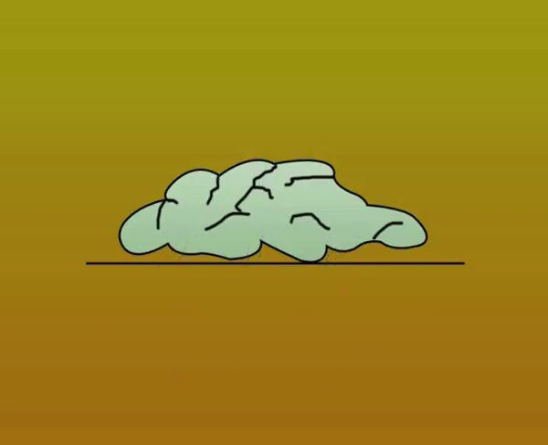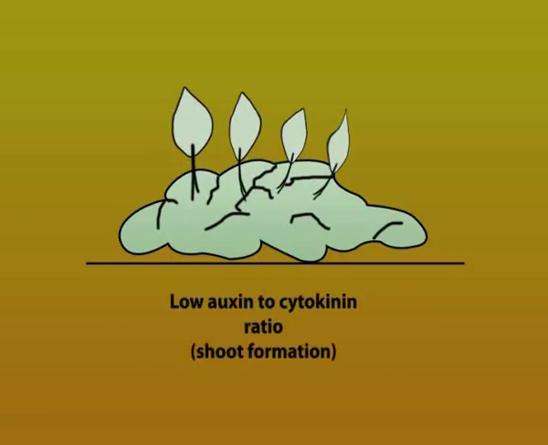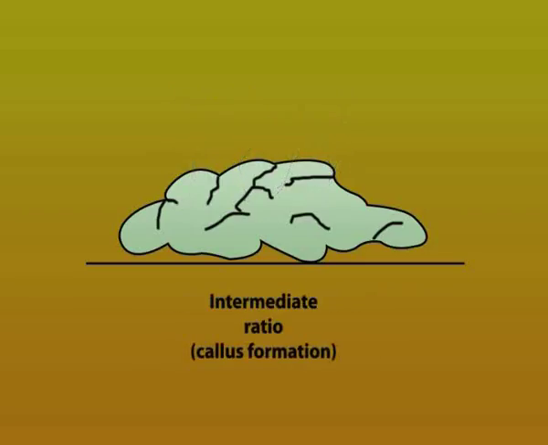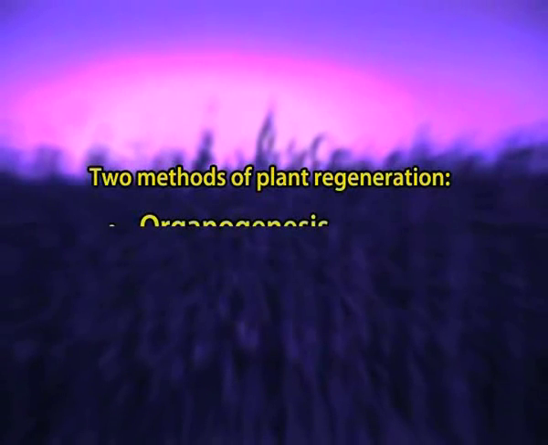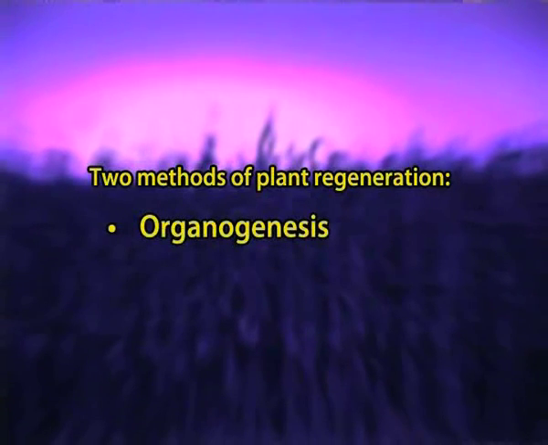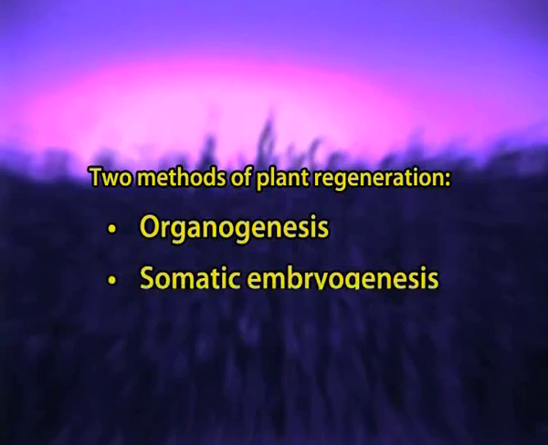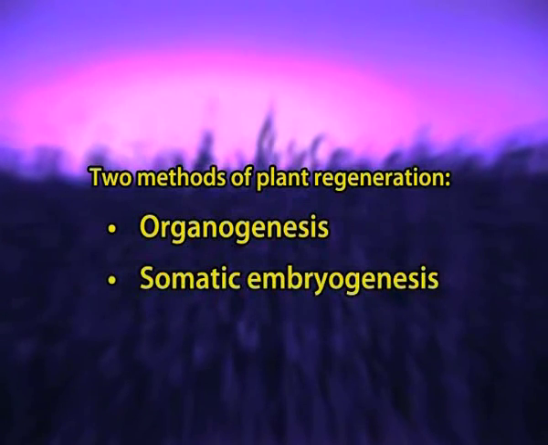A low auxin to cytokinin ratio helps in shoot development, whereas an intermediate auxin to cytokinin ratio helps in callus growth without there being any differentiation. There are two methods of plant regeneration. One is organogenesis and another is somatic embryogenesis.